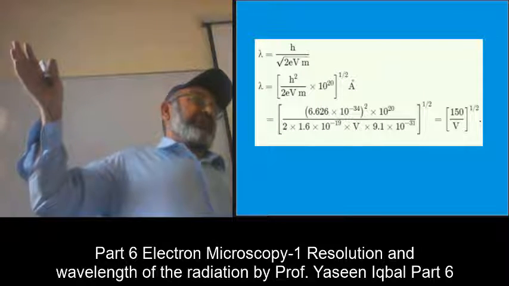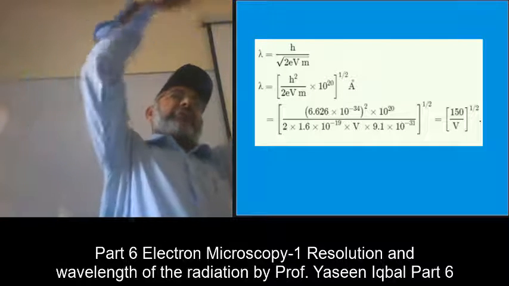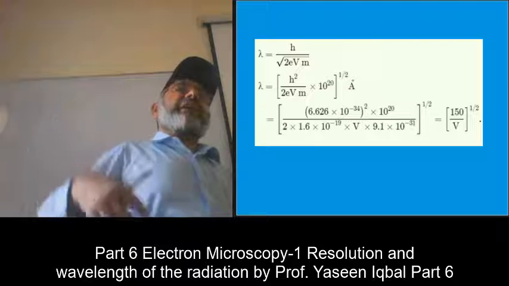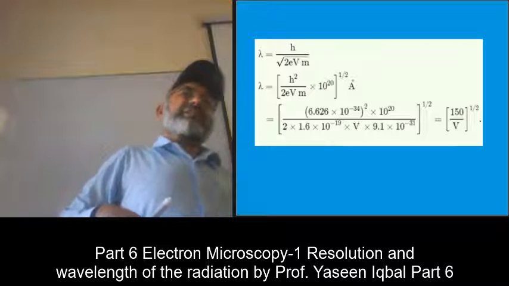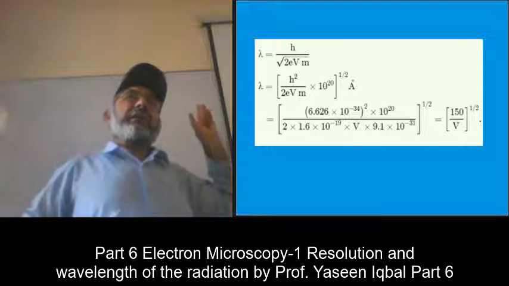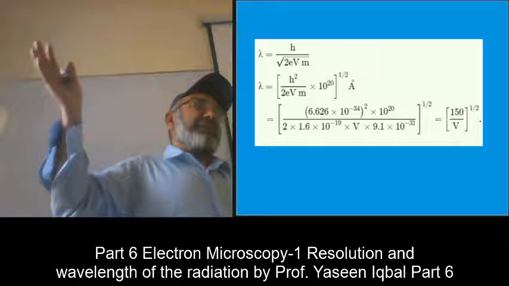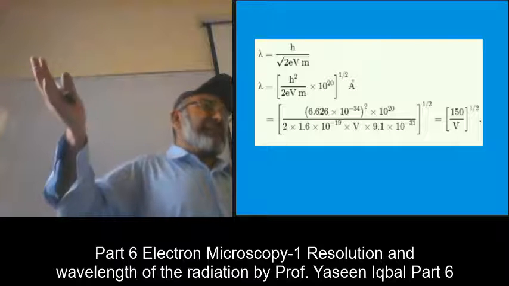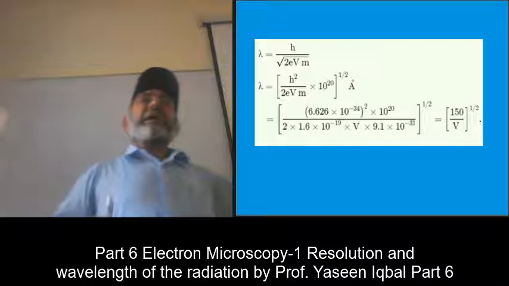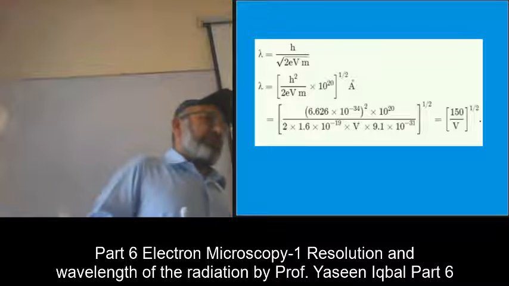Electron is a charged particle, and you have, just like the objective lens, the condenser lens, which limits and delimits, increases and decreases the radiation. You are dealing with photons in optical microscopy.